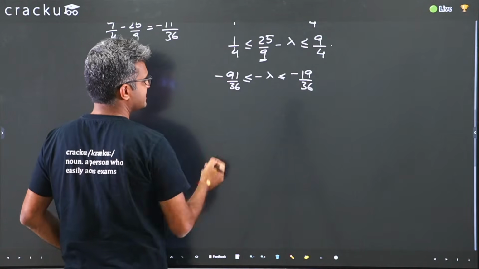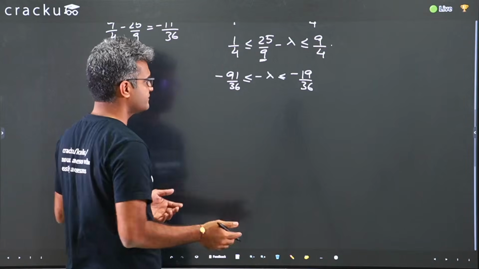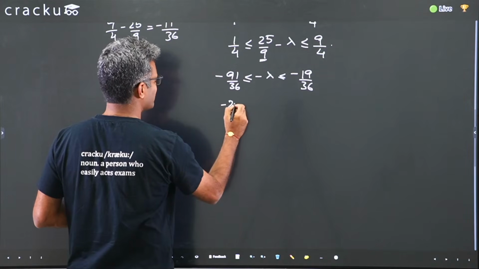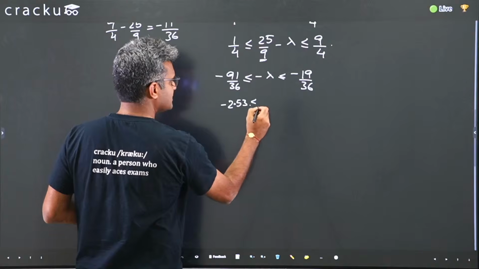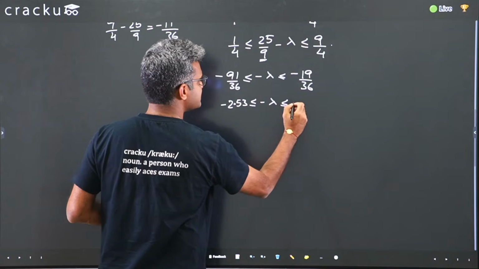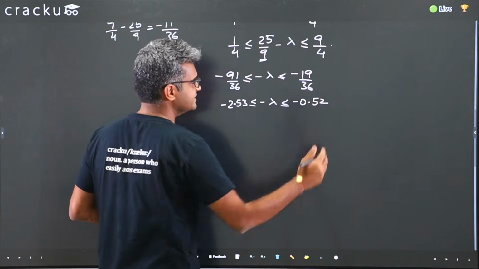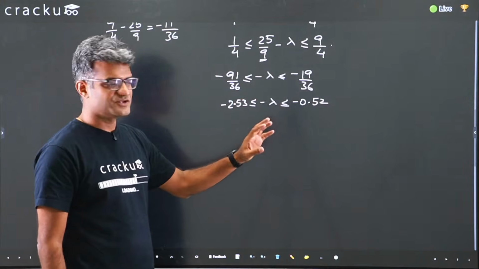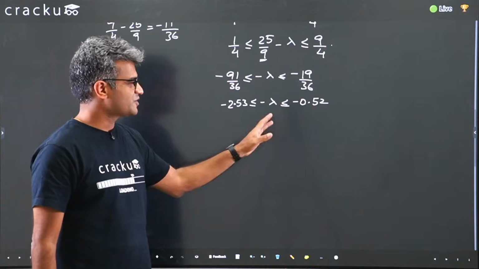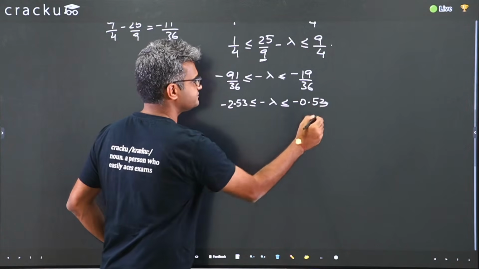Now 91 by 36, 90 by 36 is 2.5. So this will be approximately minus 2.53 or so, less than or equal to minus lambda is less than or equal to approximately minus 0.53, because 18 by 36 is 0.5, 19 by 36 approximately will be 0.53.